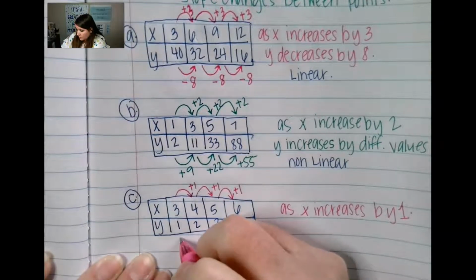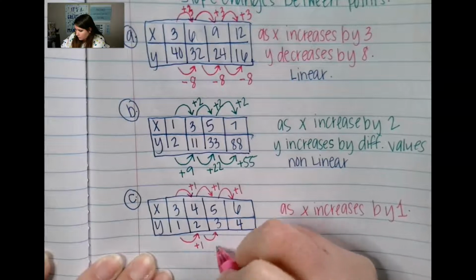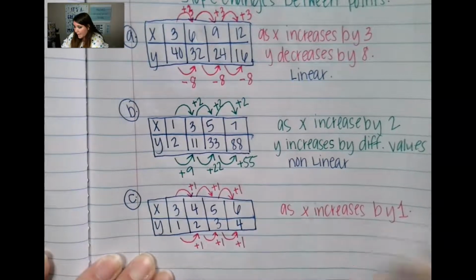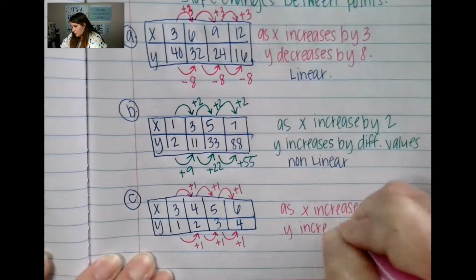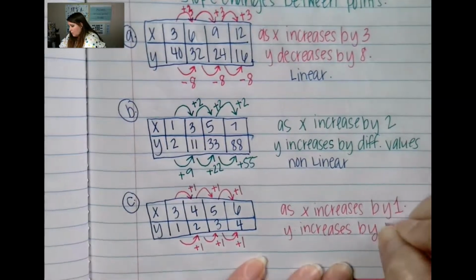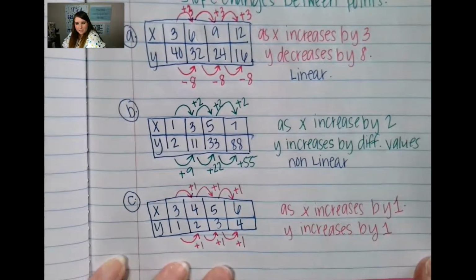The y values, 1 to 2 is adding 1. Oh, 2 to 3 is adding 1. And 3 to 4 is adding 1. Y increases by 1. So we've got a 1 over 1 situation happening here.